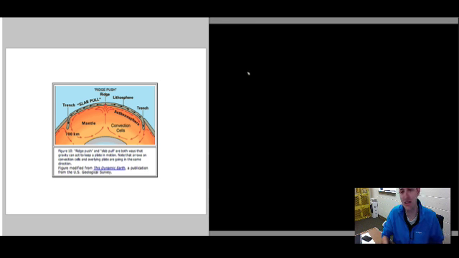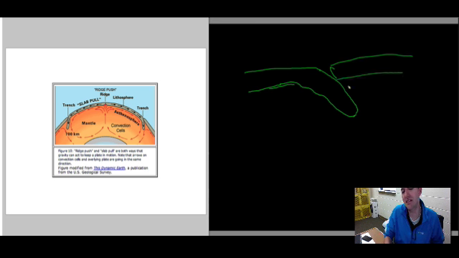So let's say we've got a boundary that's coming across, and this is our subduction zone that goes off underneath, and it's going to come across here to our other plate, and this is running into this plate over here.